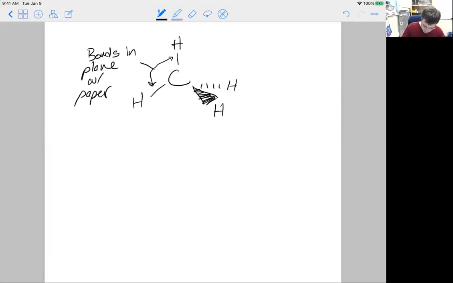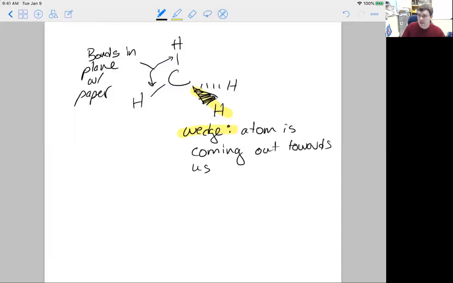Now, the wedge, which I believe I was showing as yellow previously, implies that the atom is coming out towards us, whereas the dashed atom is going away from us.